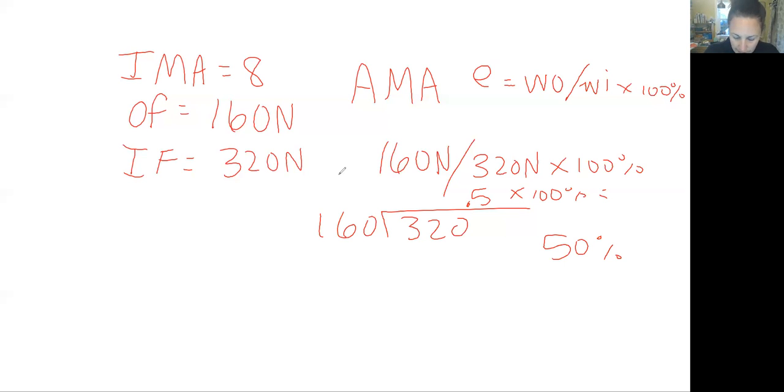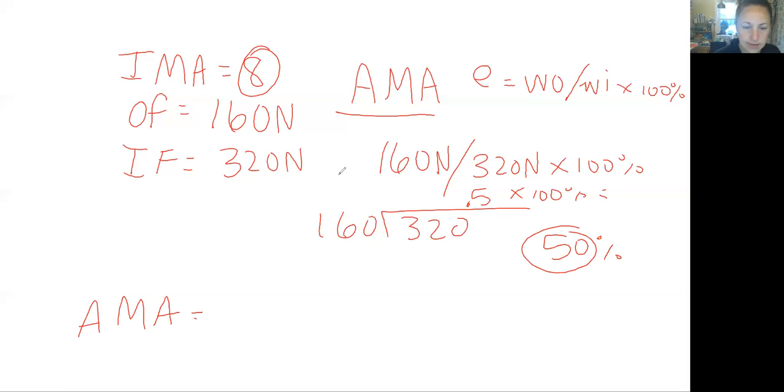Now, if we're trying to find the AMA up here, the average mechanical advantage is going to equal efficiency times our IMA. Our IMA was 8, and our efficiency was 50%.